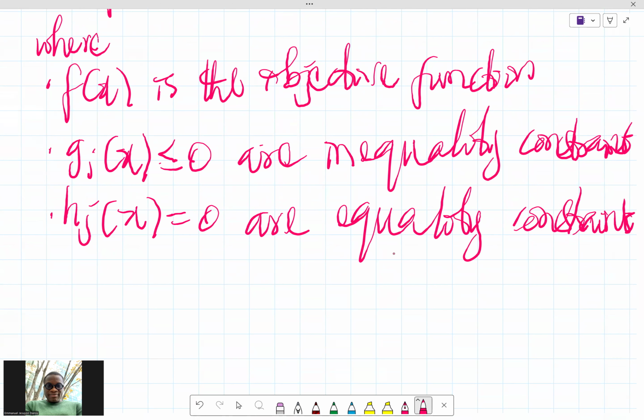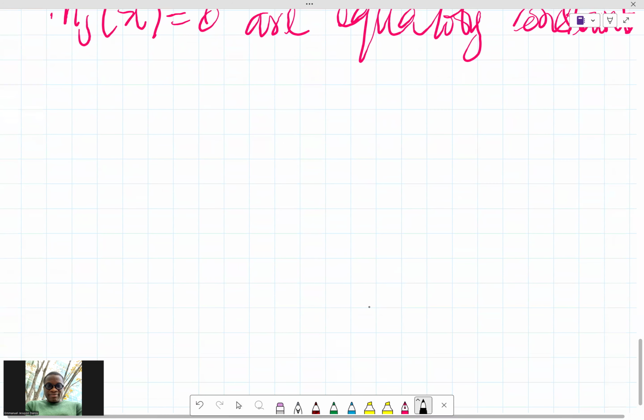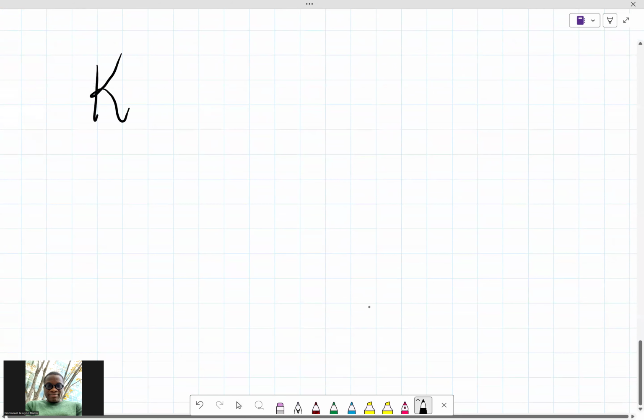Now that takes us to the Karush-Kuhn-Tucker conditions, KKT conditions. So what are these conditions?